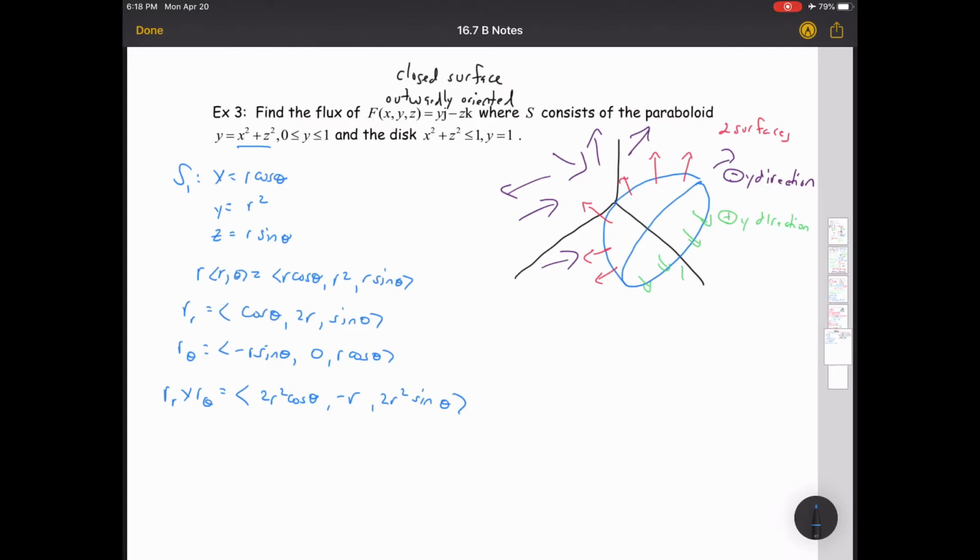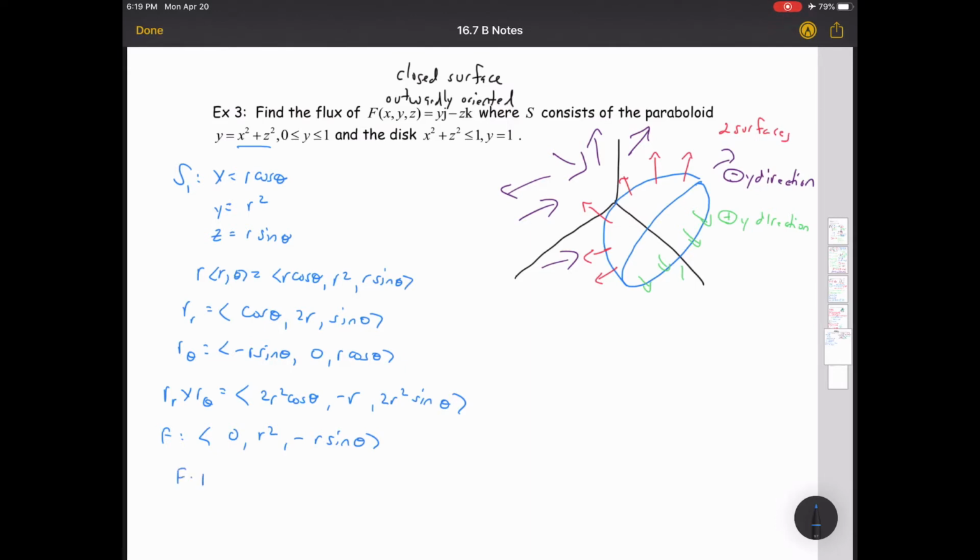Okay, we're going to need to parameterize our F, our force. So the force looks like it's going to be parameterized. There is no x component, so that's 0. Then it's y, which is r squared, and then it's negative z, so that's negative r sine theta. All right, let's go ahead and dot those two things.